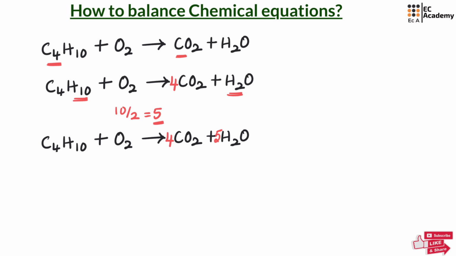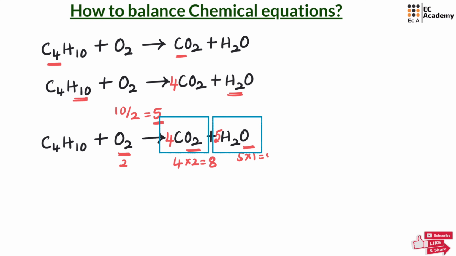Now, hydrogen is balanced. Now, let's count oxygen atoms on the right side. In 4CO2, 4 molecules into 2 oxygen atoms, which is 4 into 2, that will be equal to 8 oxygen atoms. In 5H2O, 5 molecules into 1 oxygen atom, which is 5 into 1, which will be equal to 5 oxygen atoms.